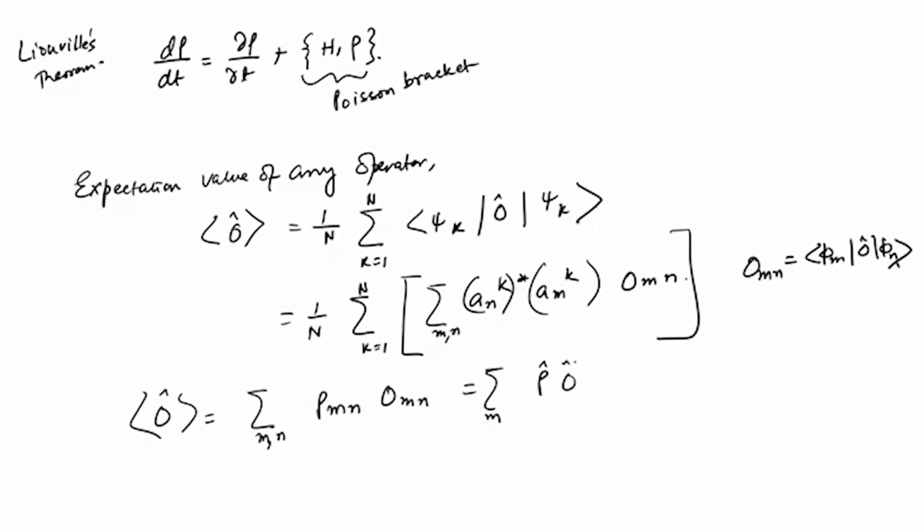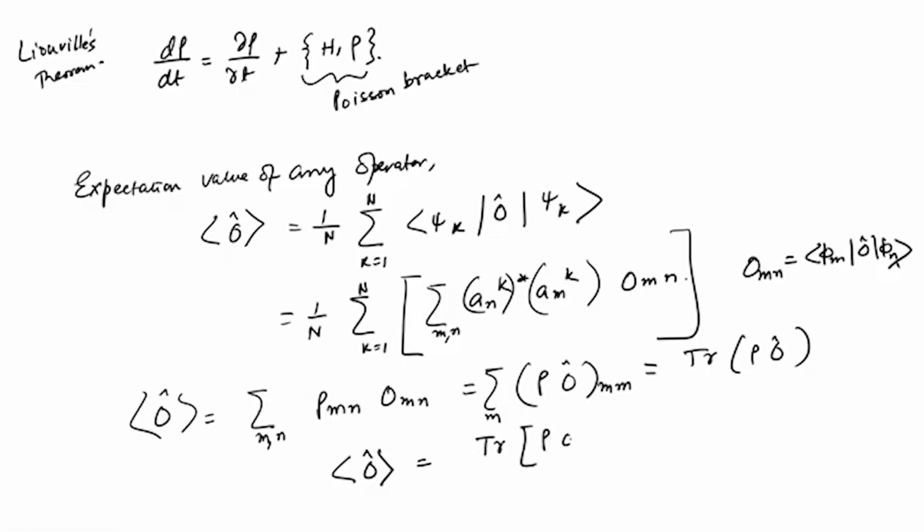Rho and O both are operators, so I just write it with operator here, and this is nothing but the trace of rho O. So, the expectation value of any operator can be calculated using the density matrix, which is trace of rho O divided by trace of rho.